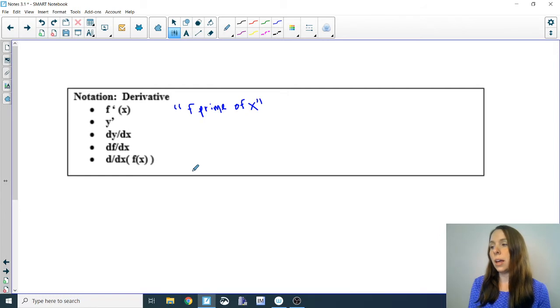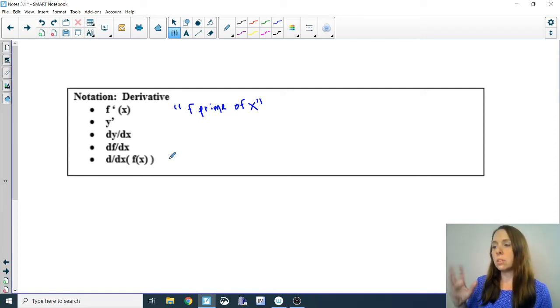The last 3, you see lowercase d's: dy over dx, df over dx, d over dx, parentheses, f of x. This one in particular, we'll talk about this notation in the third video when we discuss having a function and then deriving it, taking its derivative. So you'll see that again in the third video.